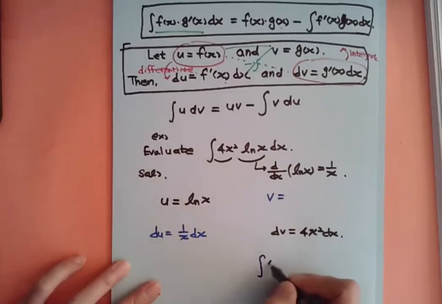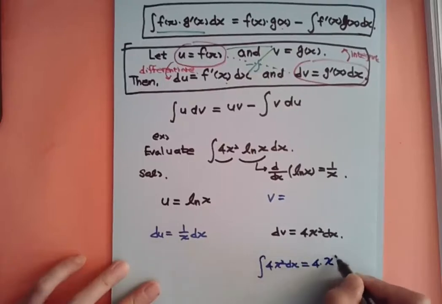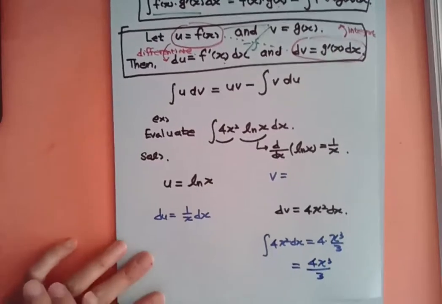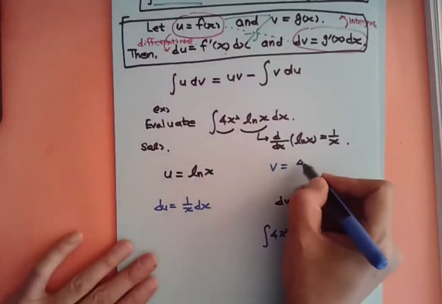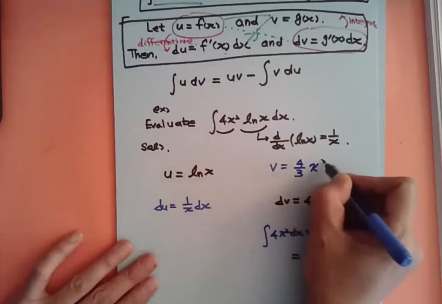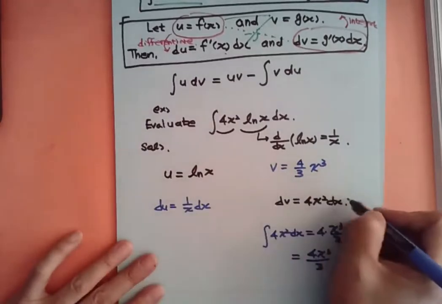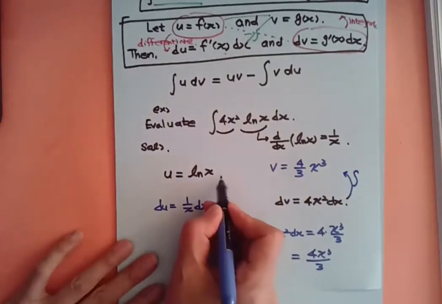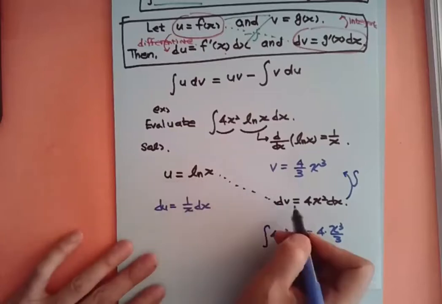If we integrate 4x squared dx, then that is 4 times x cubed over 3. So that is 4x cubed over 3. So v becomes 4/3 x cubed from here. So this is integrate. So again, this diagonal to the right is the original function.